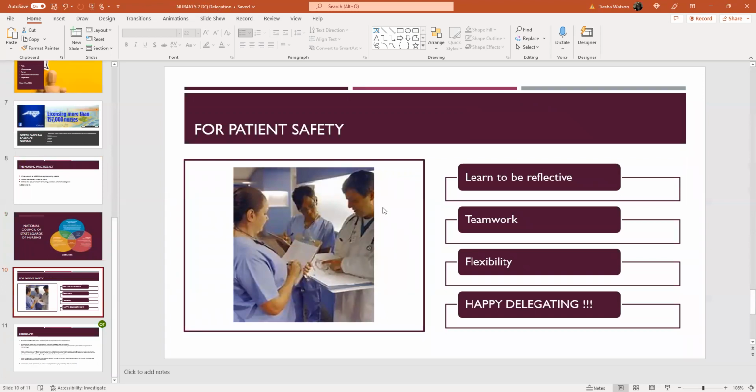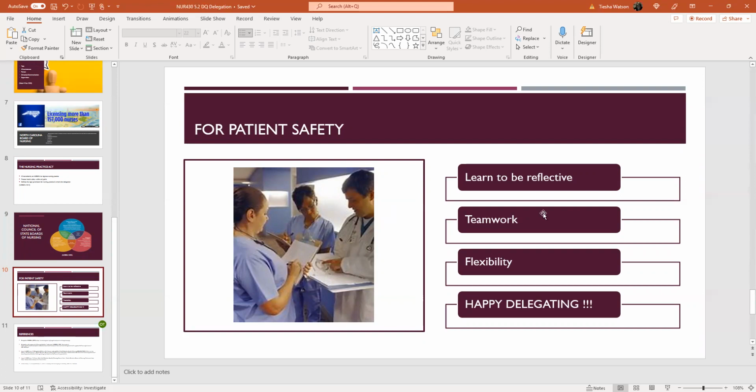So with proper delegation, everyone knowing the policy and procedures of delegation and having the proper training and competencies for tasks within their scope of practice allows for everyone to work together. This ensures patient safety.